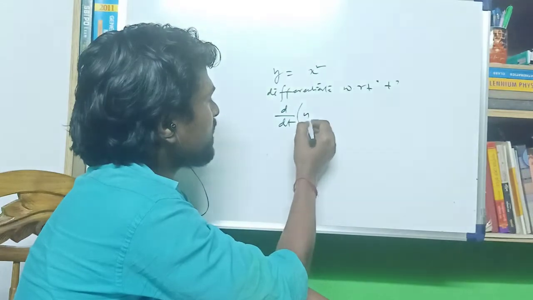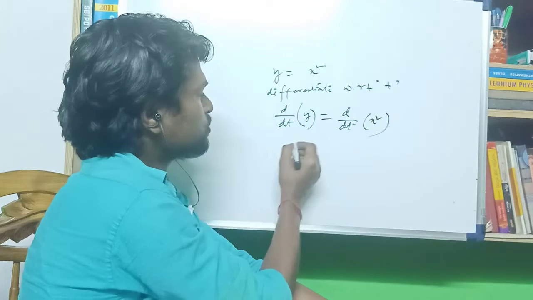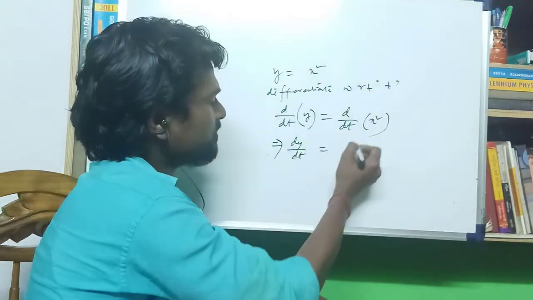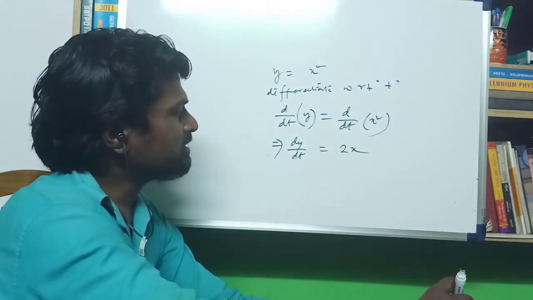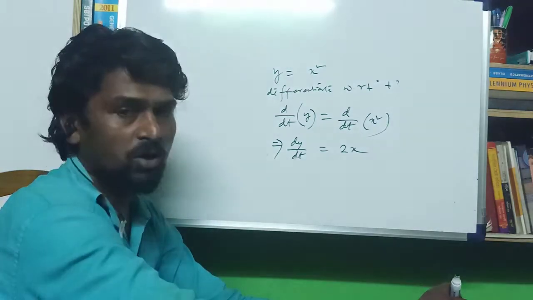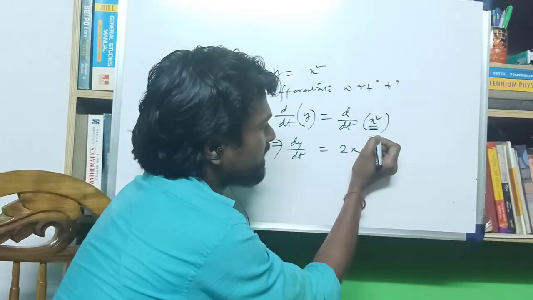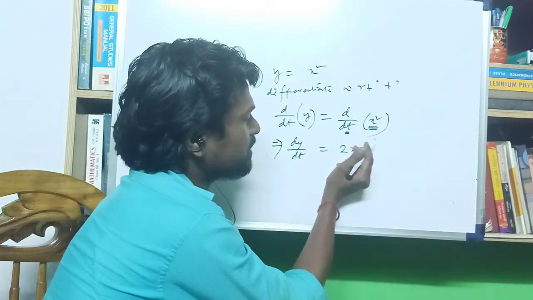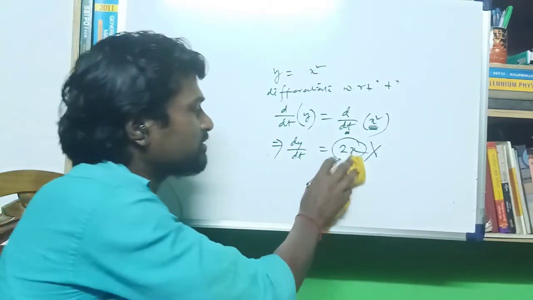So d/dt of y equal to d/dt of x square. Oh, sorry, this is not possible directly, because this is the function x square, but the derivative has to be taken with respect to t.